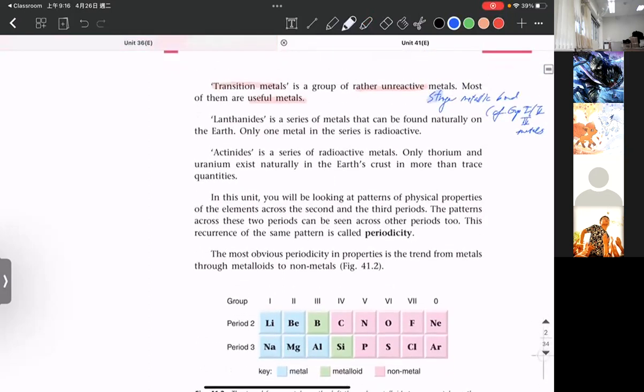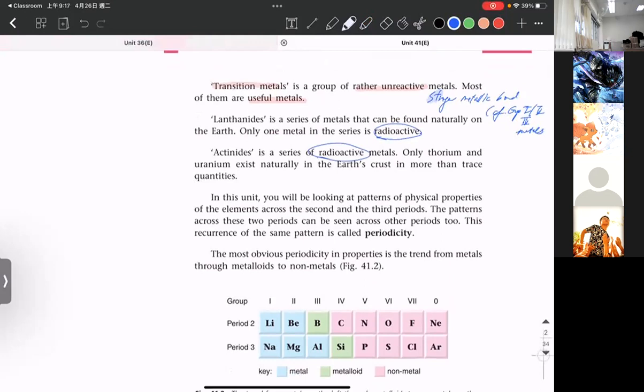While for the lanthanides and actinides, why can't we have a full coverage of that? Because we need not get to know much about the radioactive elements. For those who have an interest in it, you may get to know more in physics, or maybe in university chemistry and physics.